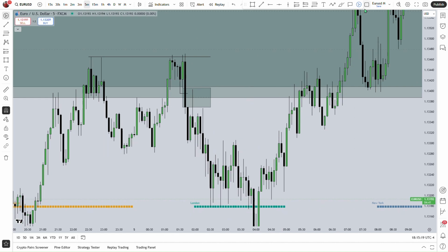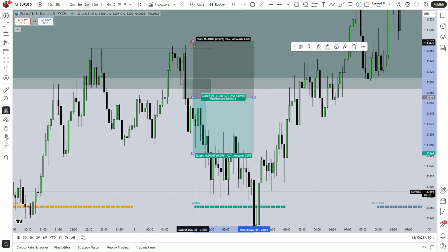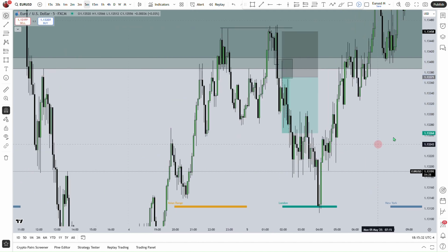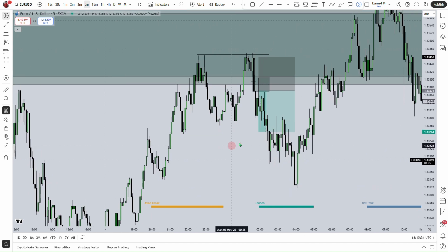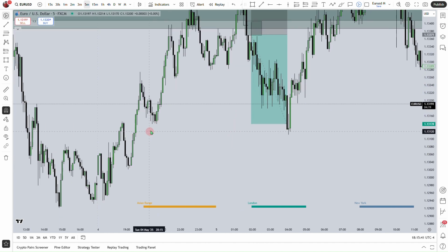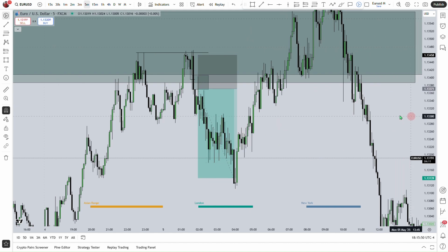So could have taken this trade, putting my stop loss above this body. Could have targeted this low, Asian low, 2.6 hour trade, but this was not a trade I would take, so I ignored it.